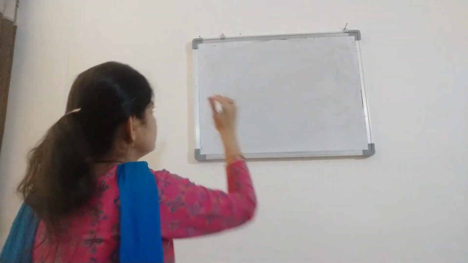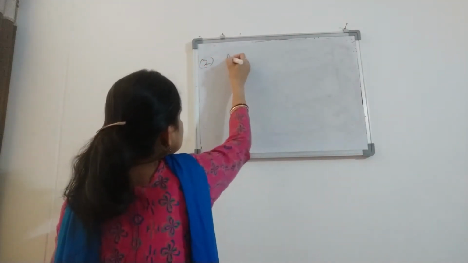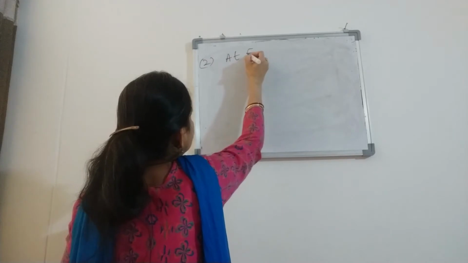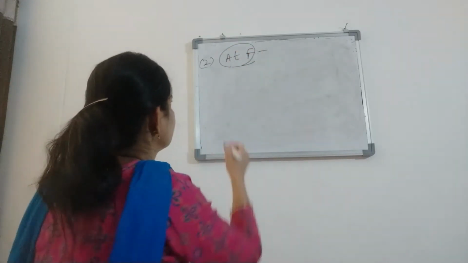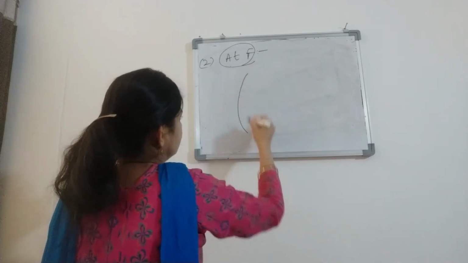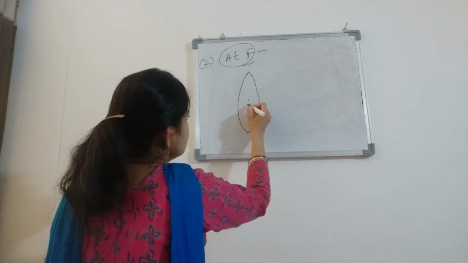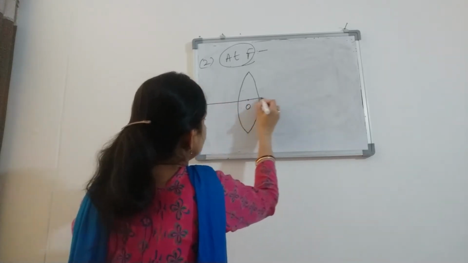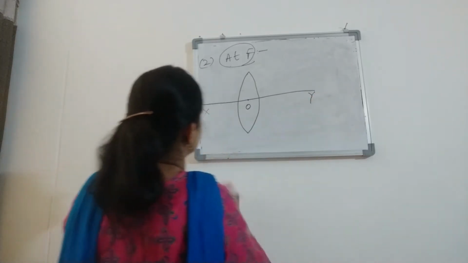Now, the second situation. When the object is placed at F, meaning at focus. This is your convex lens, this is the optical center, and draw the principal axis, which is your XY.